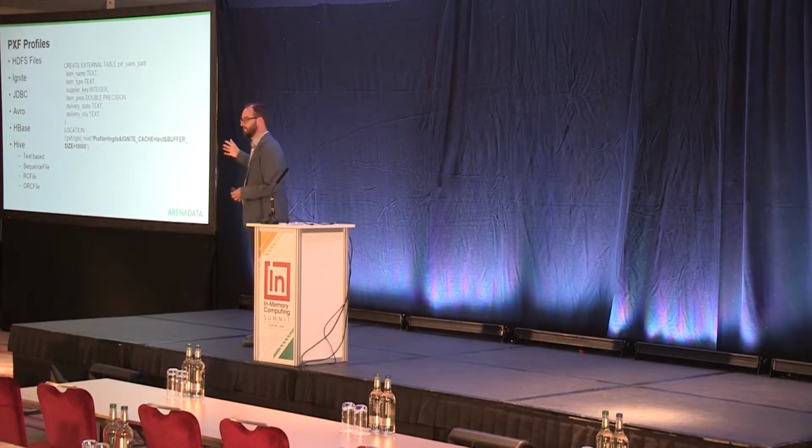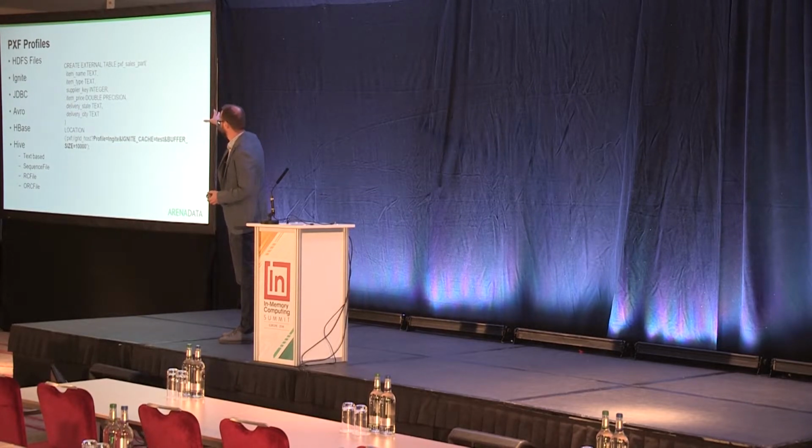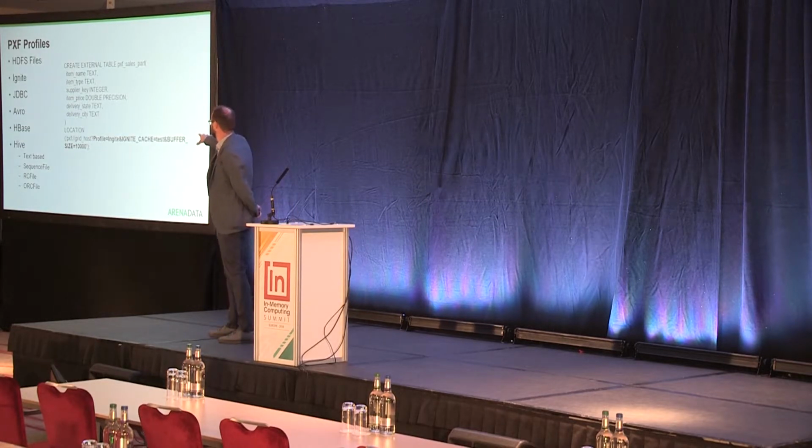Today, it should be available from the open source project Greenplum. And as you can see here, it's very simple. We just create the external table with standard column types, and we define the location where the external table exists. Here is an example, the profile Ignite. We create the Ignite cache called test, and we define the buffer size of 10,000 bytes. That's very simple. There is also a similar approach for creating the Hive table, Avro, HBase, etc.